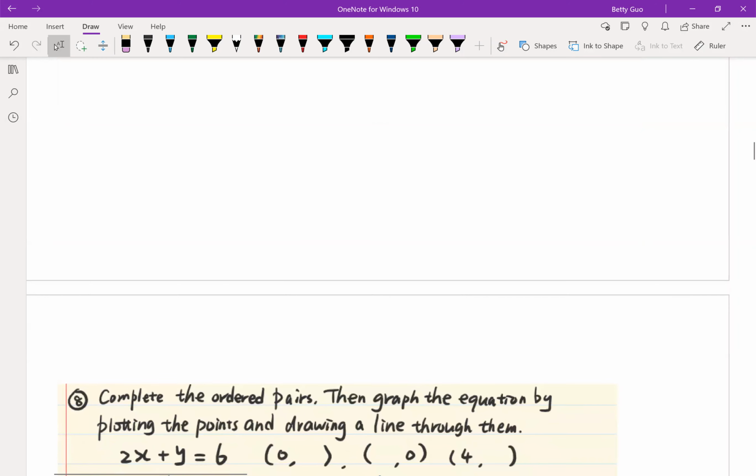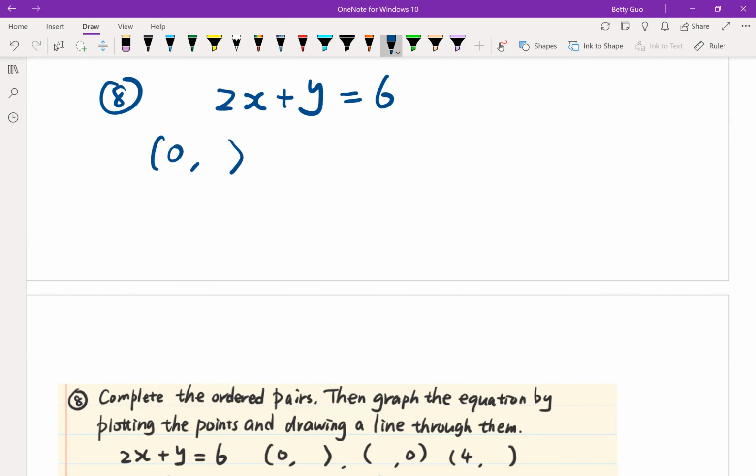Let's see number 8. Number 8 is a lot of work. The problem is below. You are given a straight line, 2x plus y equals 6, and 3 points on the line: 0, comma something; something, comma 0; and 4, comma something.